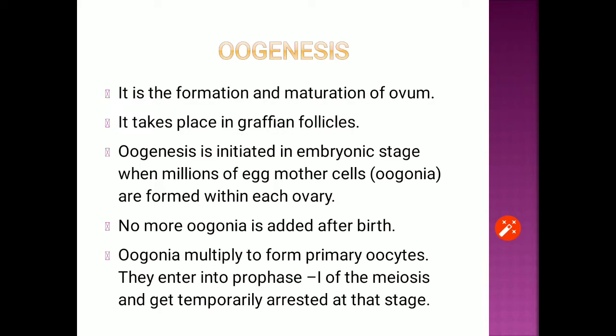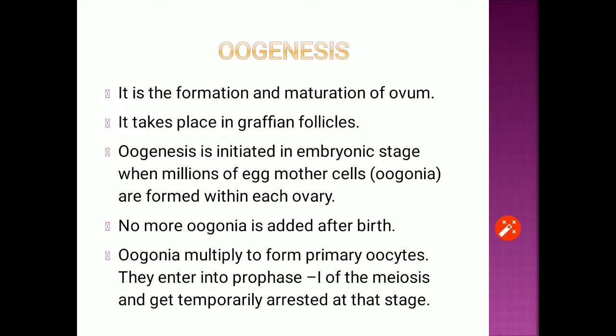Now the process of oogenesis. It is the process of formation and maturation of ovum. It takes place in Graafian follicle. Oogenesis is initiated in embryonic stage when millions of egg mother cells are formed within each ovary. No more oogonia, that is, the ovum mother cells, are added after birth.